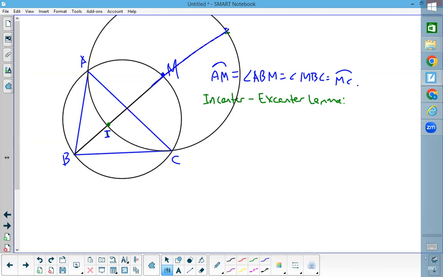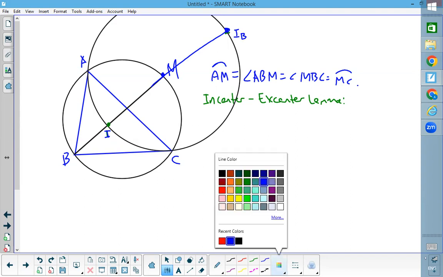If you extend this, this point here is I_B, the center of the B-excircle. That is a very important fact.